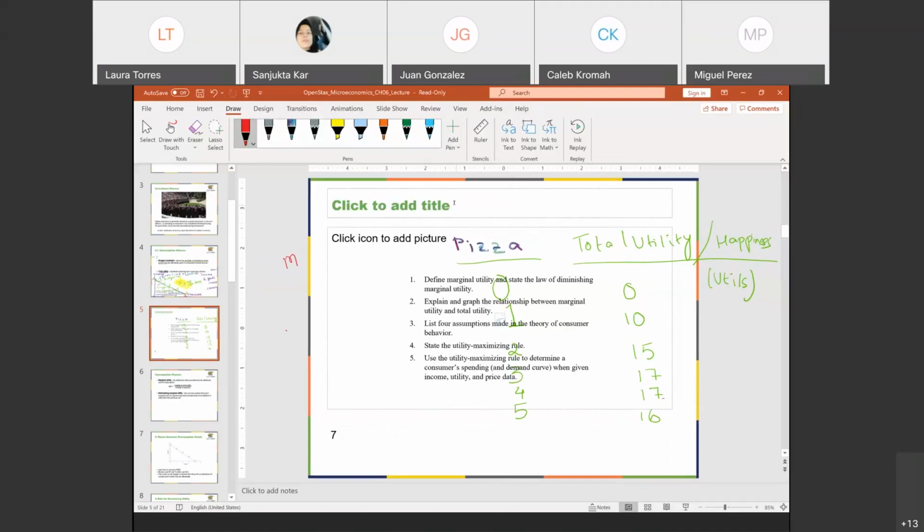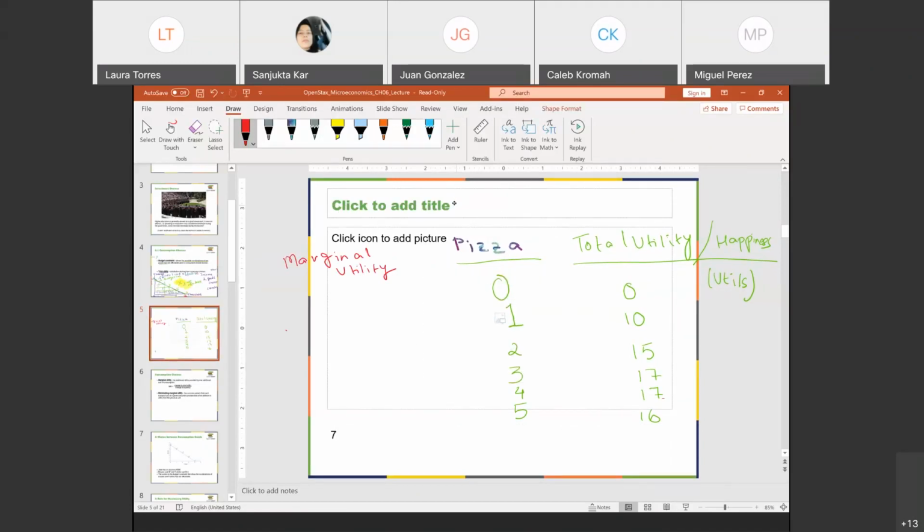So here we are going to look at this concept of marginal utility, and this one is defined as the change in total utility over change in the unit consumed.